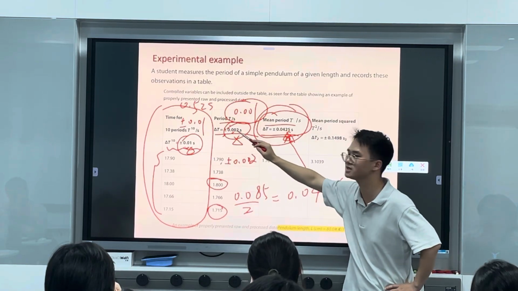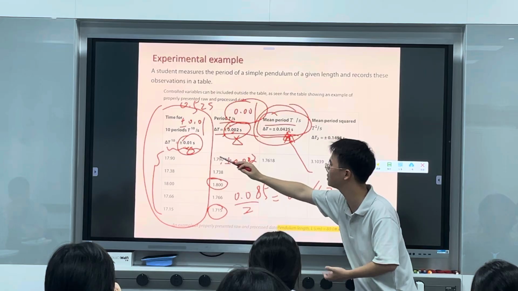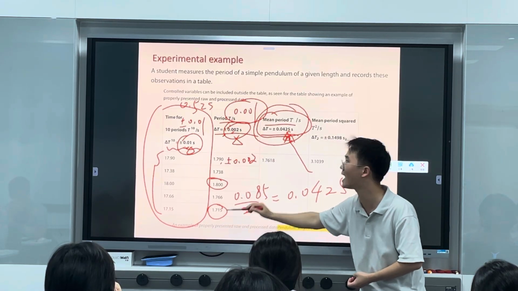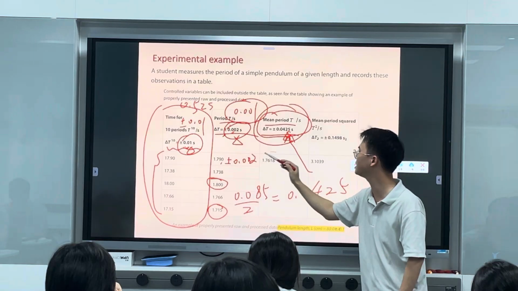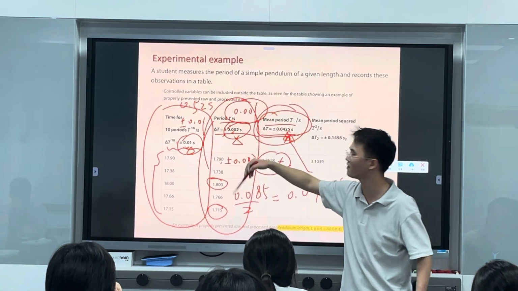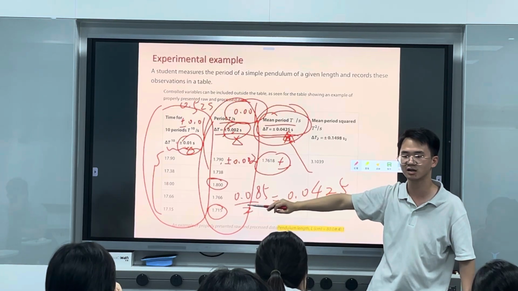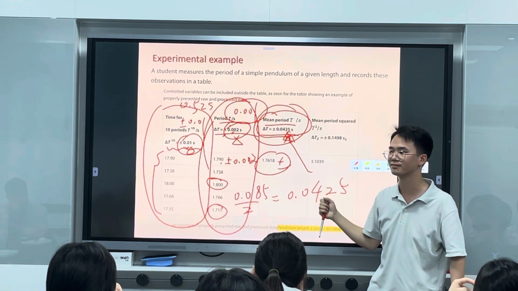So the 0.002 is the uncertainty of each individual piece of data. But the 0.0425 is the uncertainty of the mean that comes from the set of these 5 data points. That's the reason why we use a different technique. Okay?